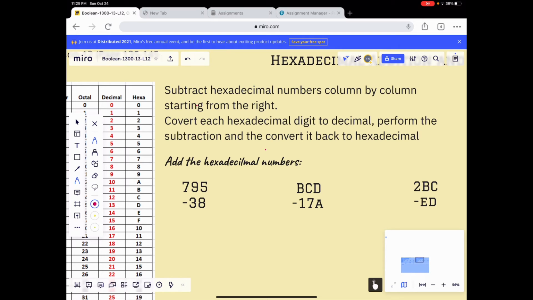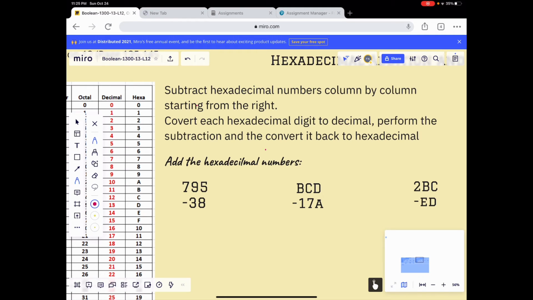In the decimal system, when you have a small number subtract a big number, you need to borrow from the next digit. Borrow 1, that means 10. But in the hexadecimal system, if you borrow 1, that means 16.